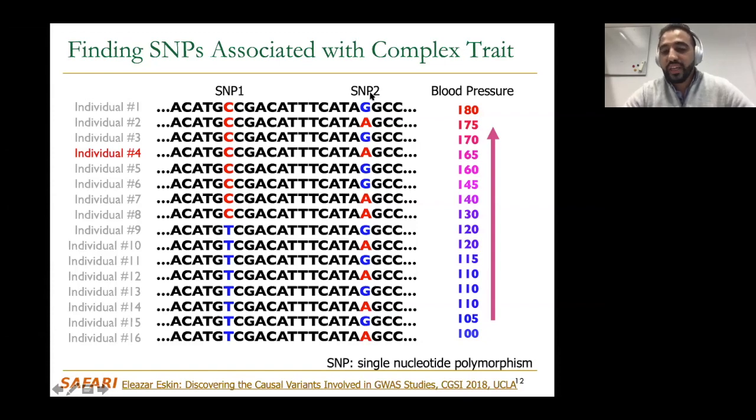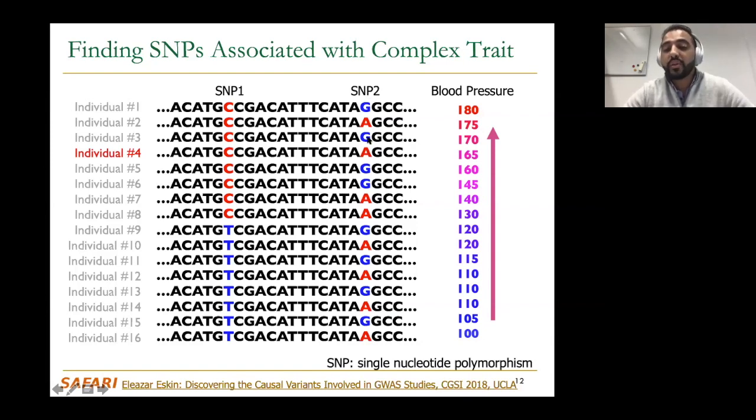If you look at SNP2, for example, you might see, okay, we have A here, low blood pressure; we might have G here, again still low blood pressure. We still have G, candidates with G at this location, and the blood pressure is high. But we cannot say anything about which one is causing the high blood pressure because it seems SNP2 is really random.